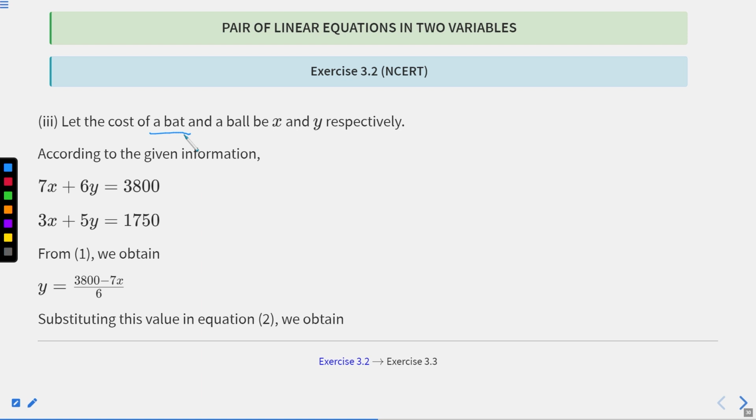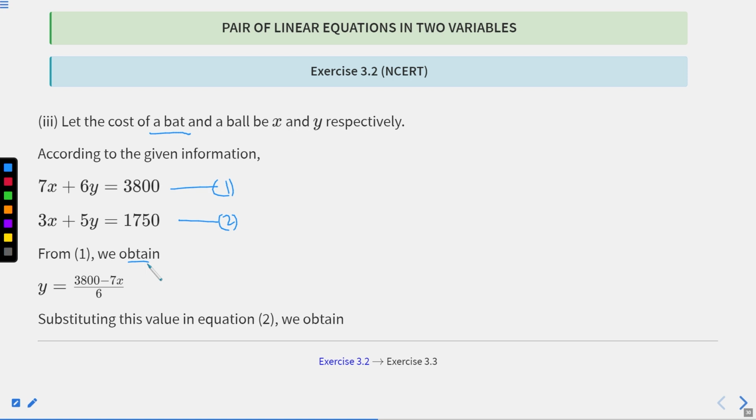Then according to the given information, we get the linear equations 7x plus 6y equals 3800, and 3x plus 5y equals 1750. This is equation 1, this is equation 2. From 1 we obtain y equals (3800 minus 7x) by 6.